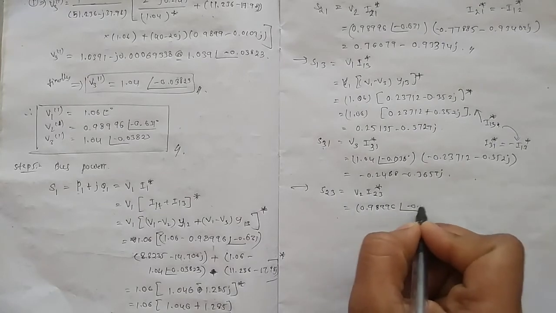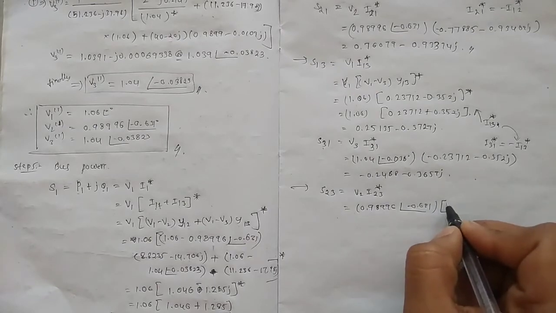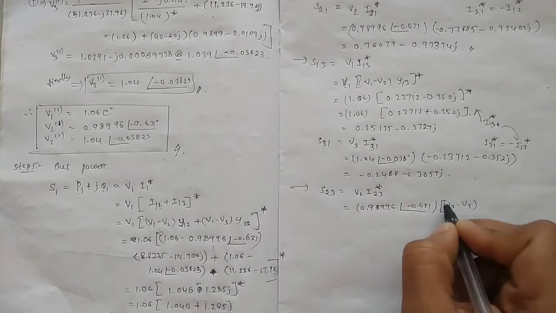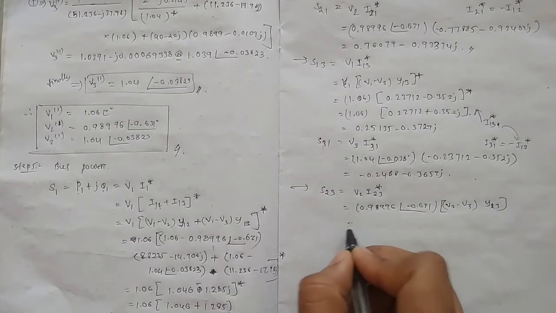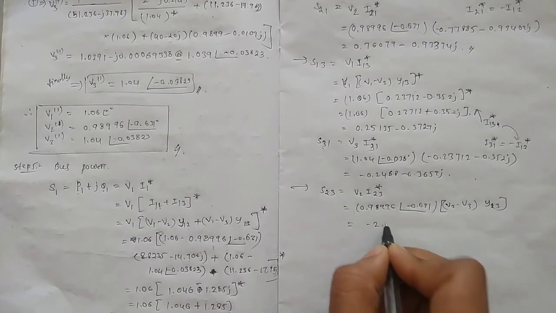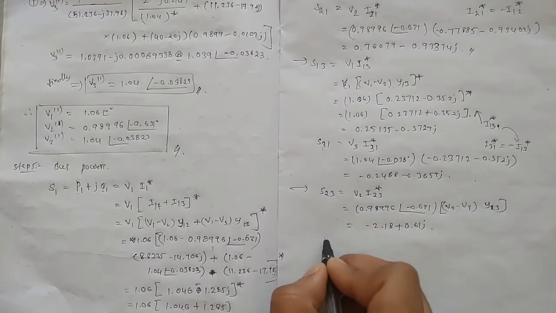V2 is 0.98996 angle of 0.631, V2 minus V3 into Y23. After substituting all, we will get 1.8, 2.8, 0.61J.